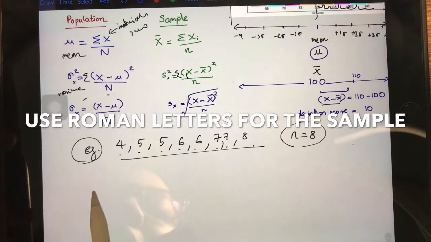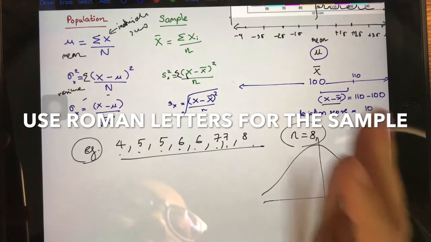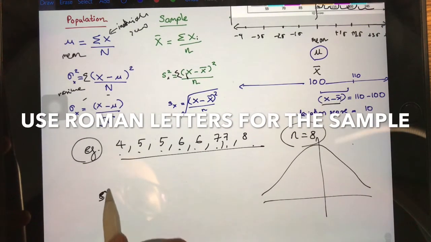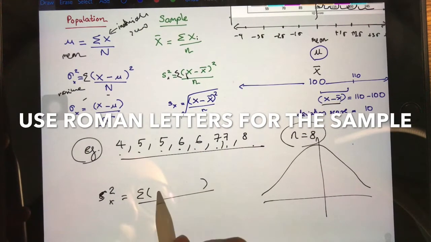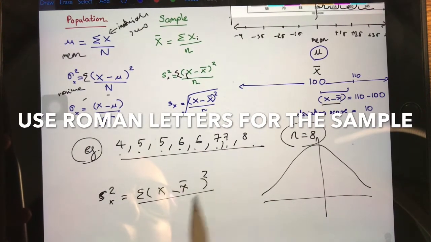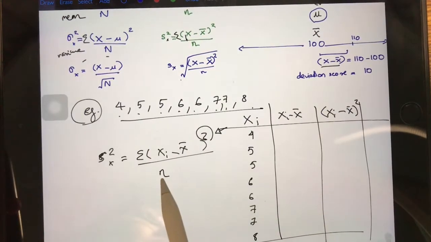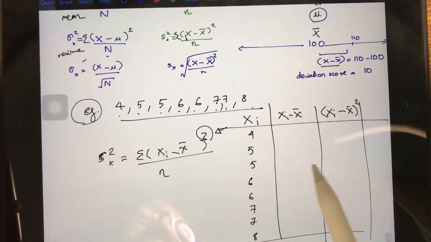In order to find the variance, how much the scores vary from the mean, we'll first have to calculate the deviation score from the mean. Note that we'll have to use this formula to calculate the variance, but this is confusing, right? So I'll just do it step by step.